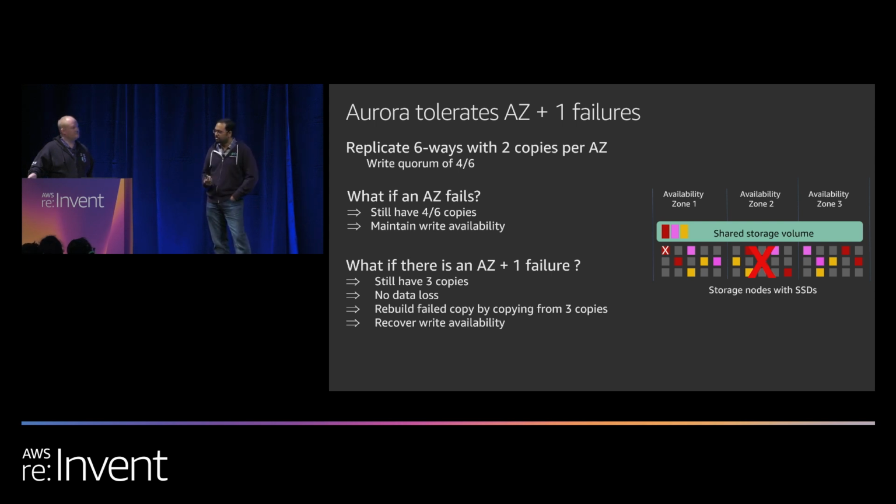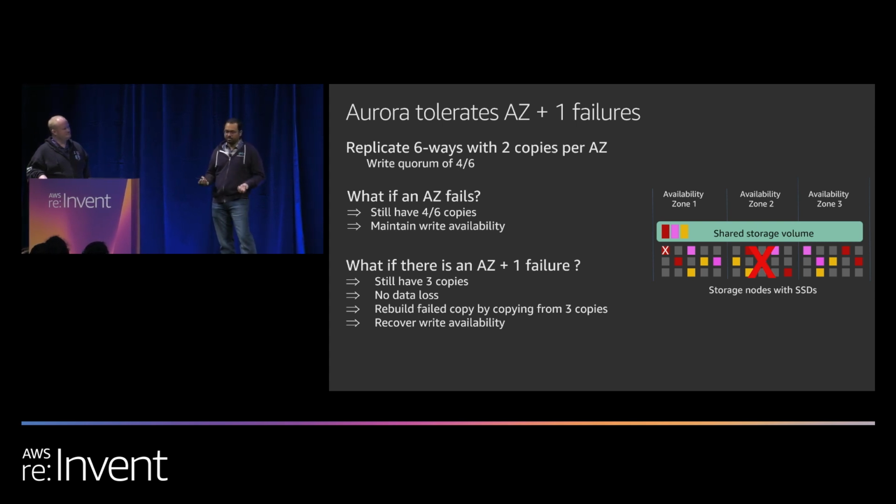We could have done 6 in the same AZ, but it will tolerate only the failure of a machine or SSD and so forth. What happens if an AZ goes down? So we chose as a design principle that, for any Aurora database, we will have 3 availability zones.